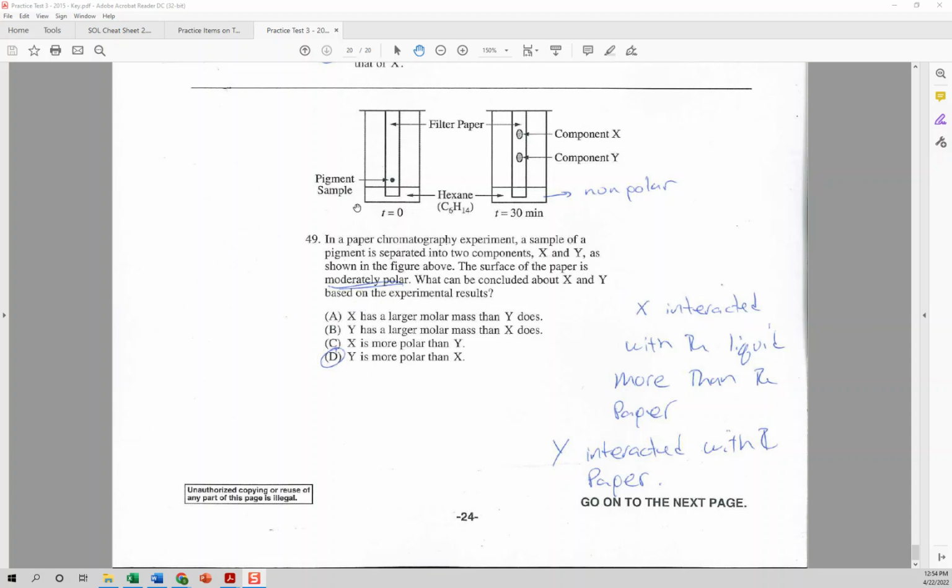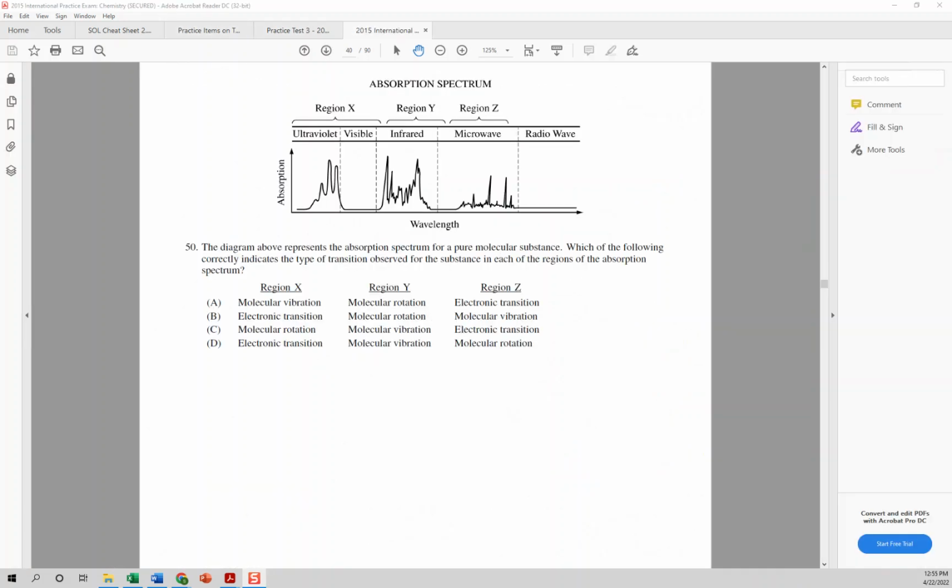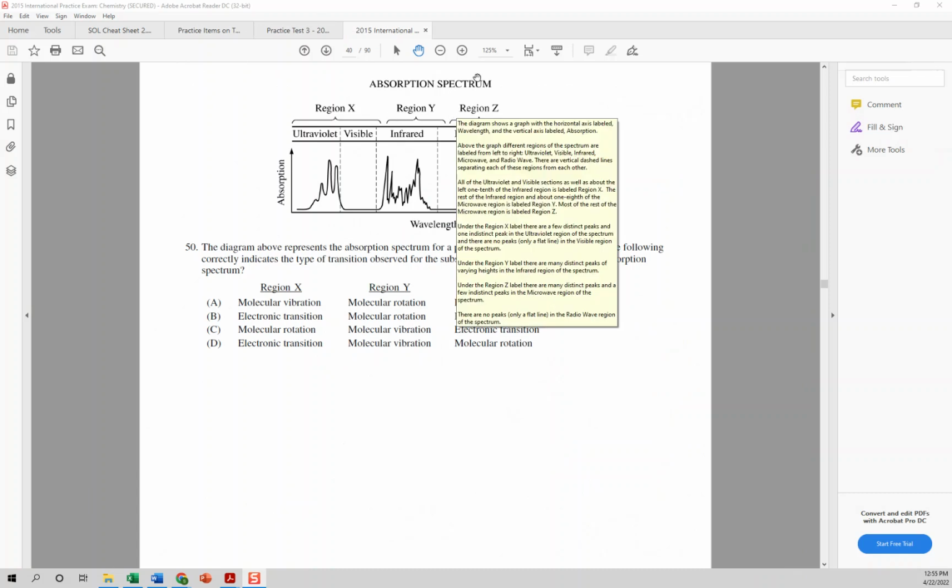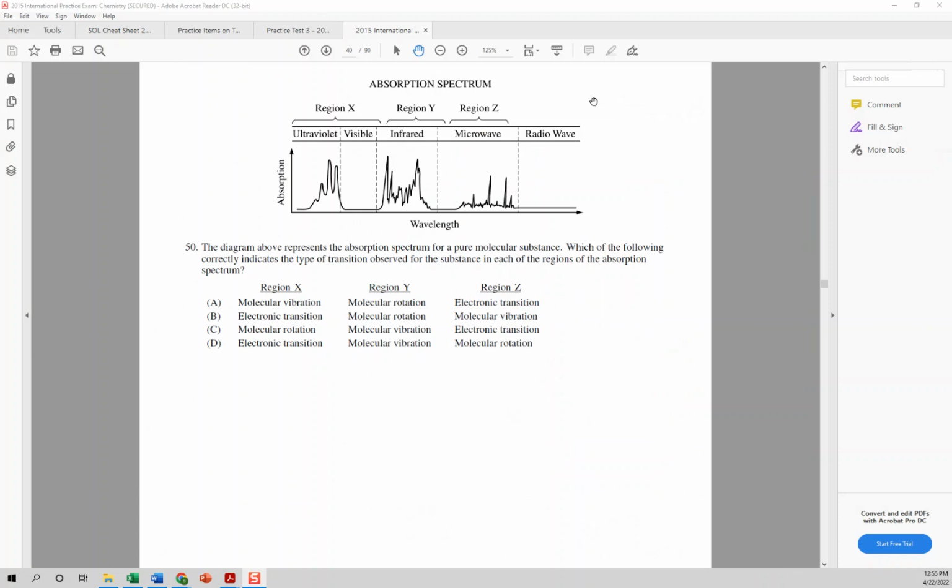Whoops. I didn't have it on the key. Hold on. I'll pause. So I remember why I didn't include it on the key, because I wanted to stress this kind of point here. This question, I've never seen a question like this on any AP exam ever, except for this practice test.